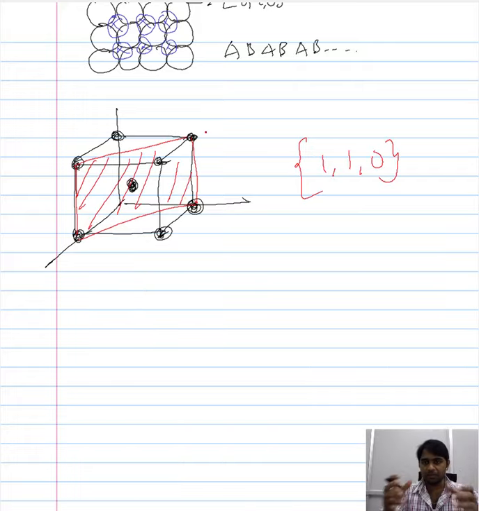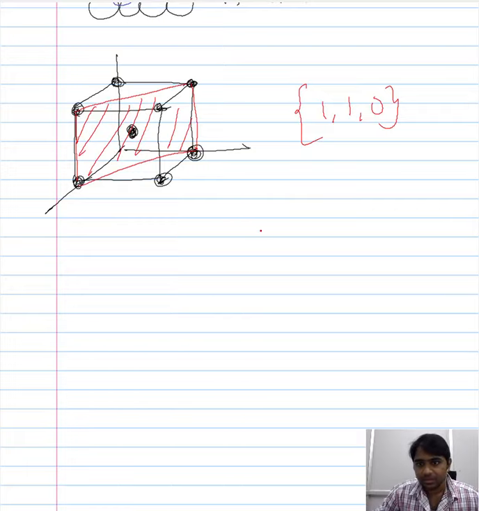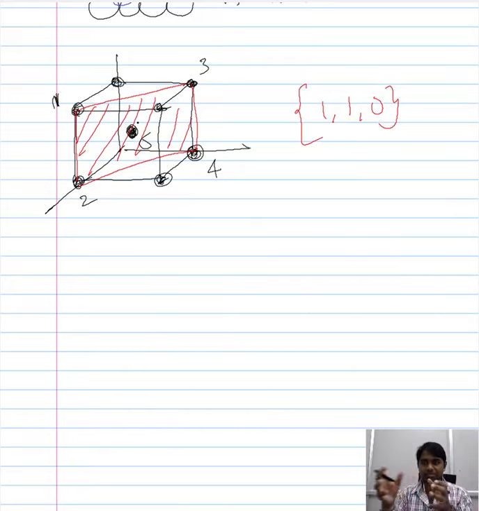And if you want to represent the arrangement of atoms in this plane, then we have seen that while these two atoms, 1 and 2, touch each other, 1 and 3 will not touch each other, and even though 3 and 4 touch each other, 2 and 4 will not touch each other. However, one atom that touches all the other atoms is the central atom, that is 5. So when you want to represent the arrangement of atoms in this 110 family of planes, it would look something like this.